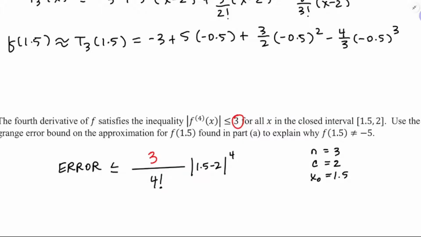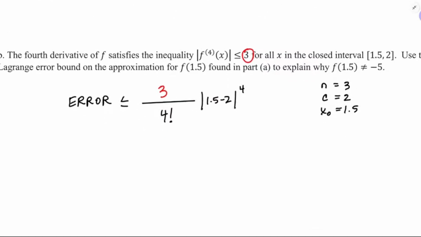And then if we use it and we write it out like this, we're going to get the point for the form of the Lagrange error bound because it's implied by the way we wrote it. 3 over 4 factorial times the absolute value of the difference between the approximation point and the centering point to the next power. That shows that you know what you're doing with the Lagrange error bound. So I've kind of changed my tune. That's why I'm re-recording the homework solutions. I think we need to just go straight for it.